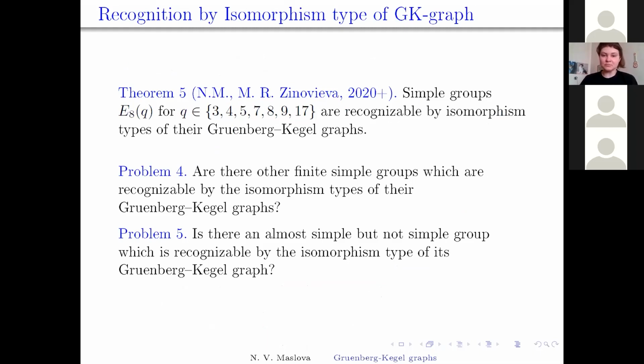Are there other simple groups which are recognizable by isomorphism types of Gruenberg-Kegel graphs? And are there almost simple but not simple groups which are recognizable by isomorphism types of the Gruenberg-Kegel graphs? Possibly the answer to problem 5 is no, but I haven't checked yet.